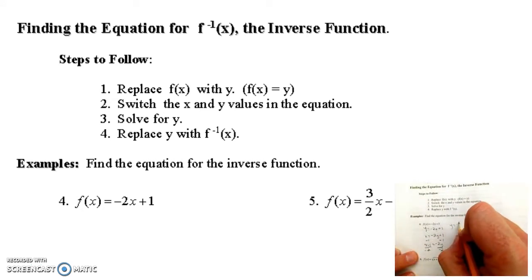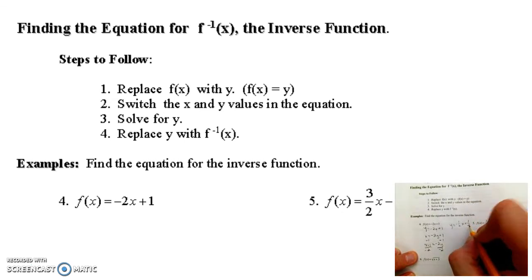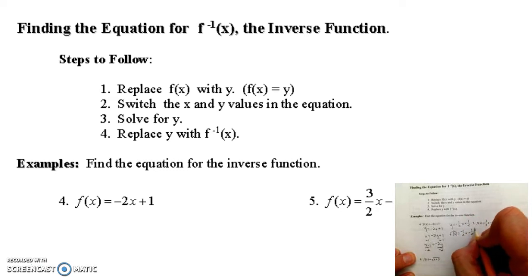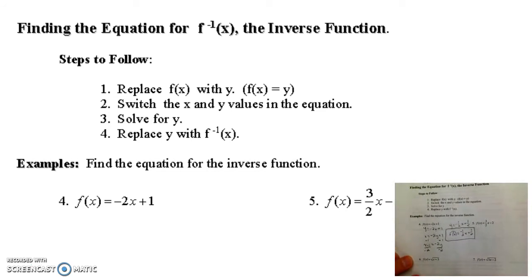I have negative 1/2 x plus 1/2. So the x divided by negative 2 and the negative 1 divided by negative 2. So my last move now is to replace the y with f inverse of x. So negative 1/2 x plus 1/2 would be my inverse function.